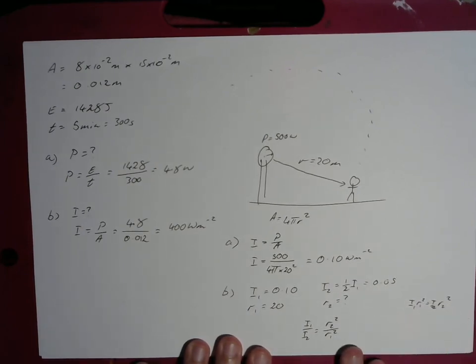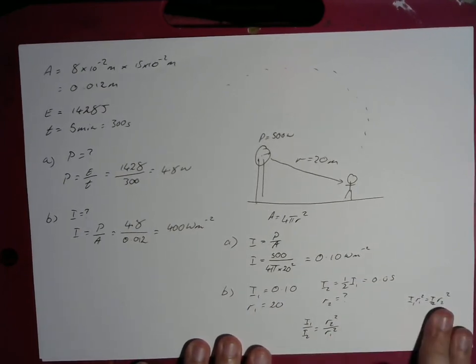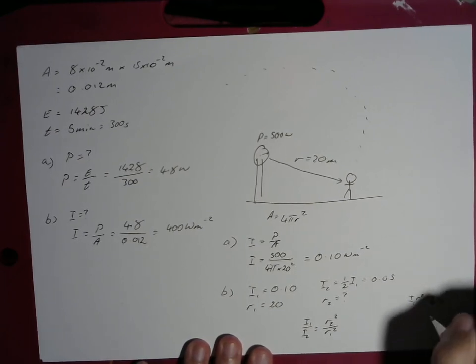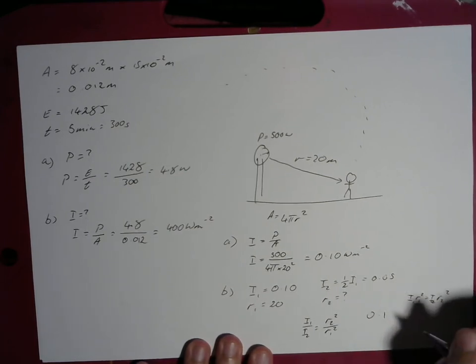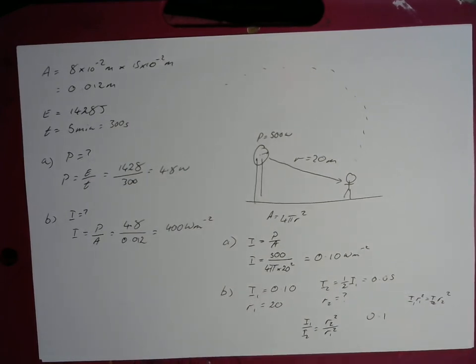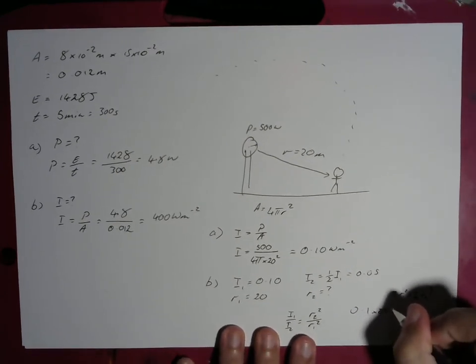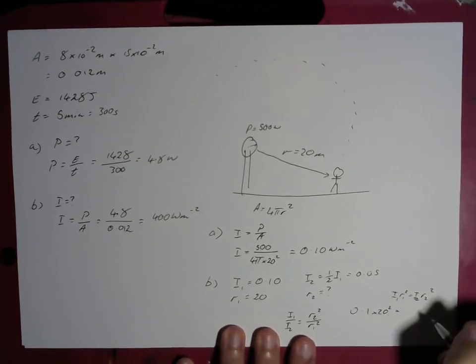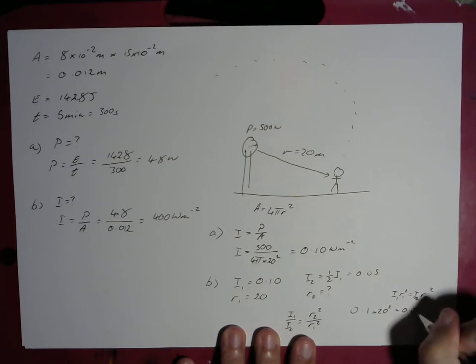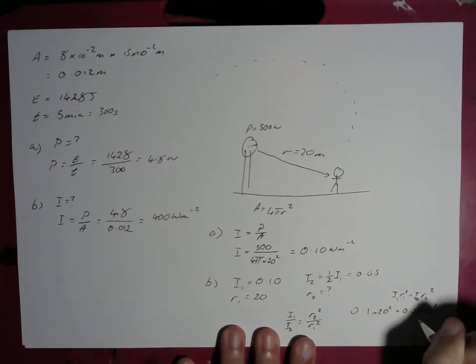Either or, doesn't matter which you start with, because remember, that's just a rearrangement of that. And since I don't know R2, I'm just going to use this one over here. So 0.1 times 20 squared equals 0.05 times R2 squared.